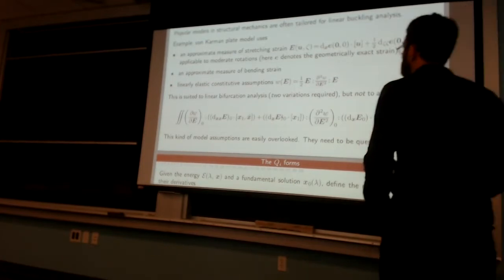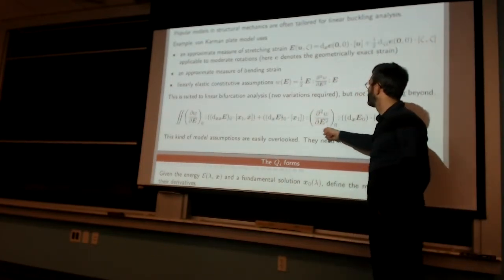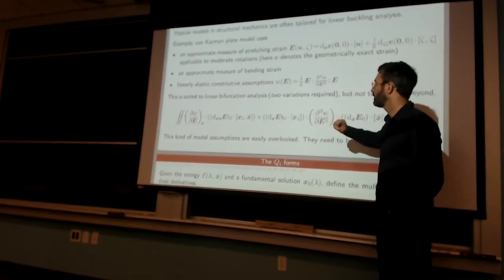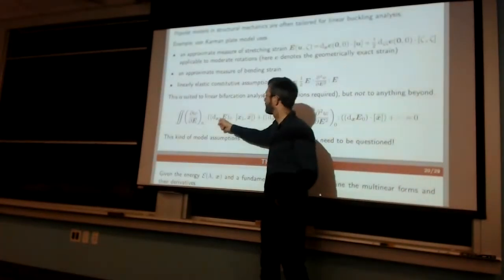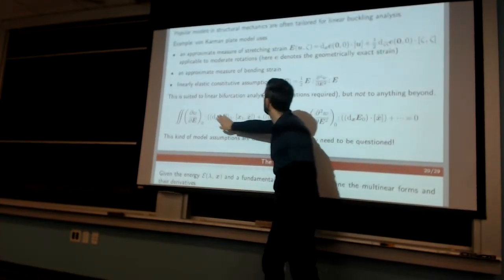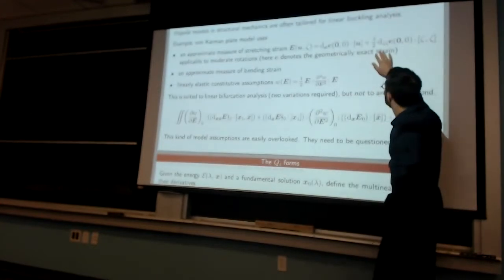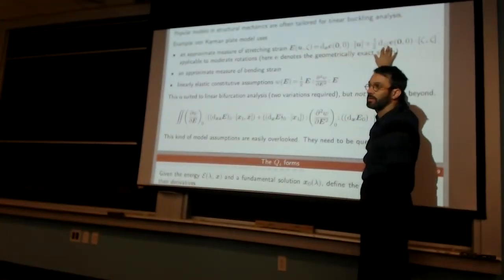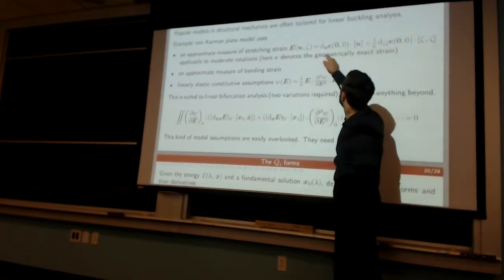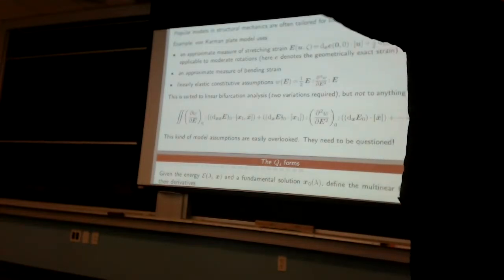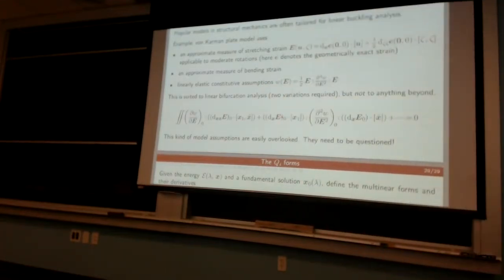And you see that this involves these two variations of the energy. So that's the tangent moduli. This involves the second variation of the strain. And these quantities are exactly those that are correct in this model, right? Correct meaning that they match the ones you would get from the true nonlinear theory for large rotations.